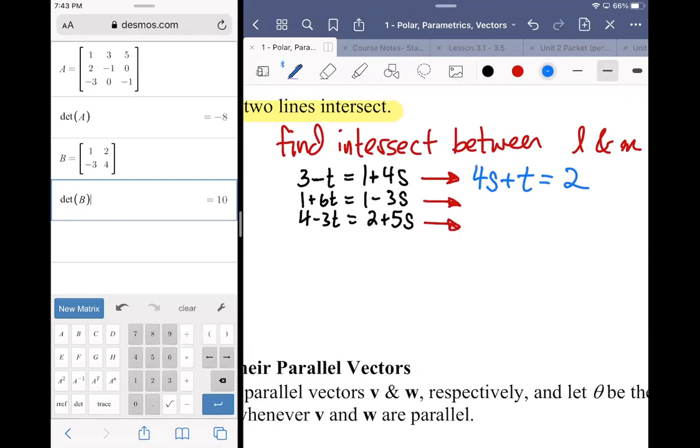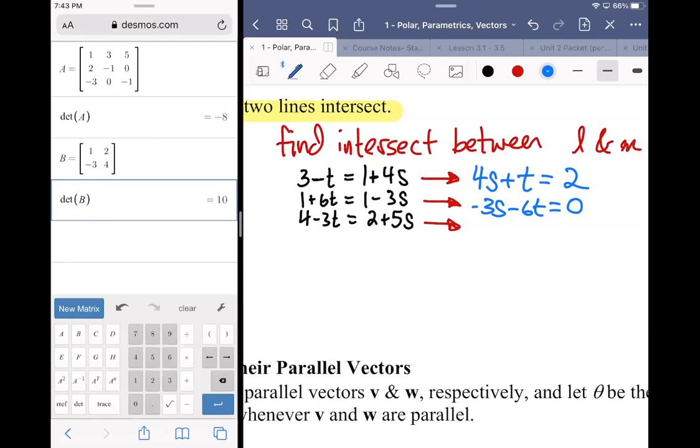Then I'm looking at negative 3s minus 6t. Looks like it's equal to a clean 0. That one you could solve pretty easily for s in terms of t, but we're going to use a different approach anyhow. So it's better just get it in this form.